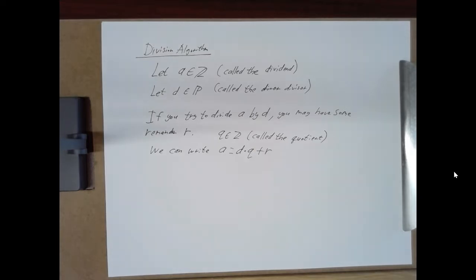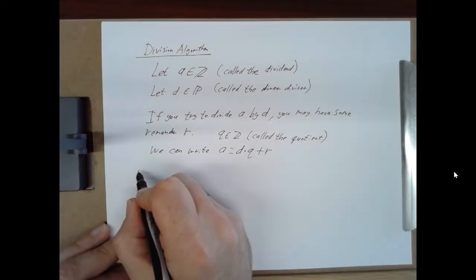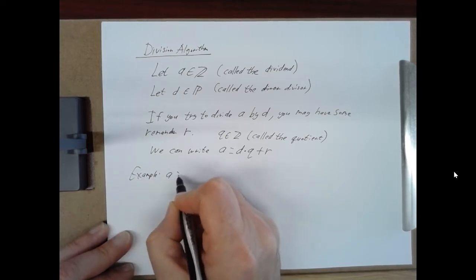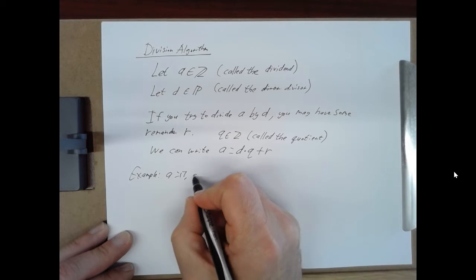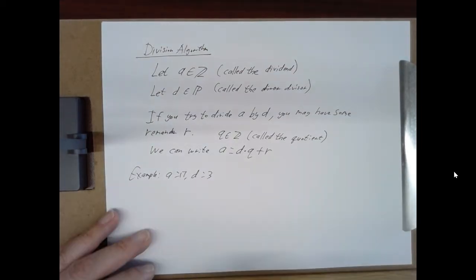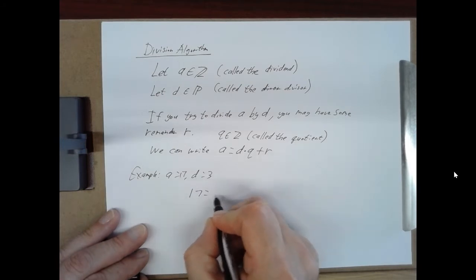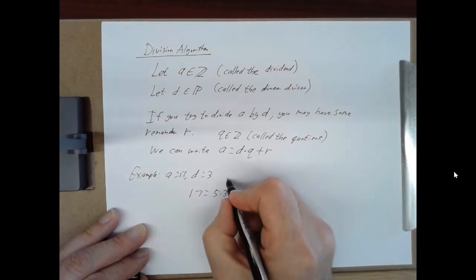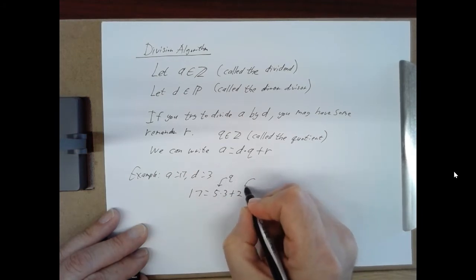If we have 17, let's say a equals 17 and d equals 3. So we're dividing 17 by 3. We can say 17 equals 5 times 3 plus 2. So 5 is the quotient and 2 is the remainder.